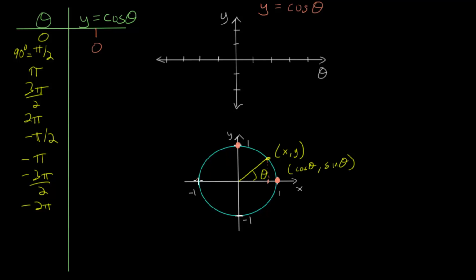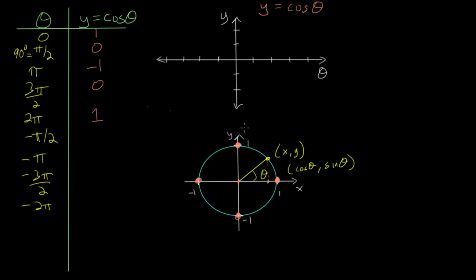And when we rotate pi radians or 180 degrees, we get an x value of -1 now. And rotating 3 pi over 2 radians or 270 degrees brings us to this point. And we can see again the x value here is 0. And once we rotate 2 pi radians, or 360 degrees, we go all the way back to this starting point, and we know the x value, or the cosine value, is just 1.